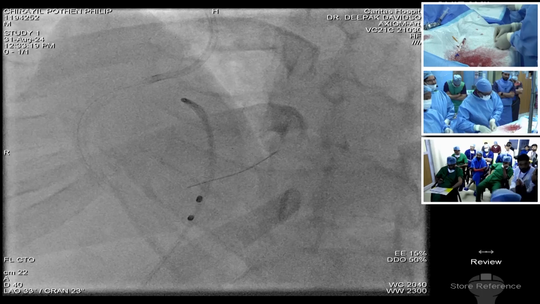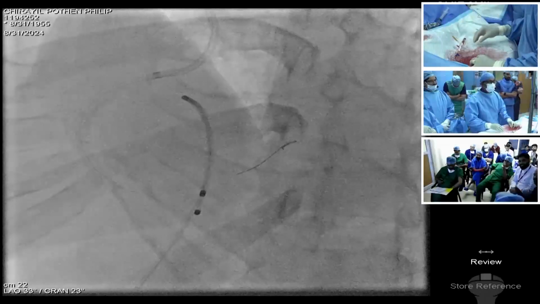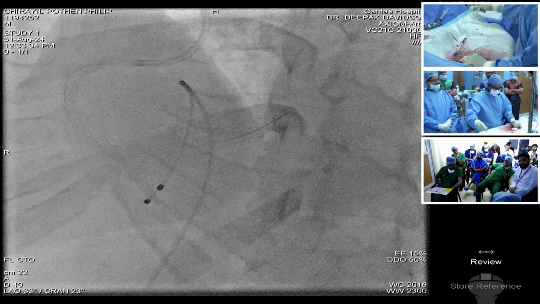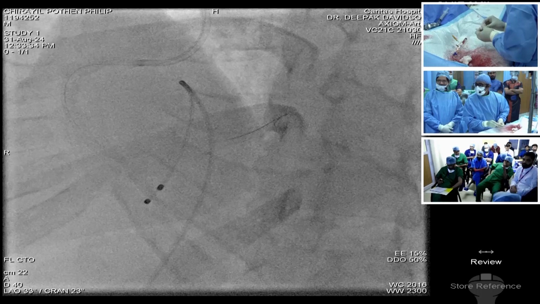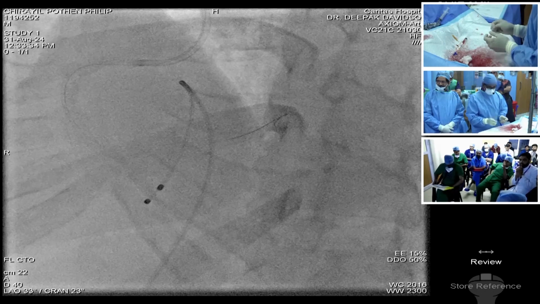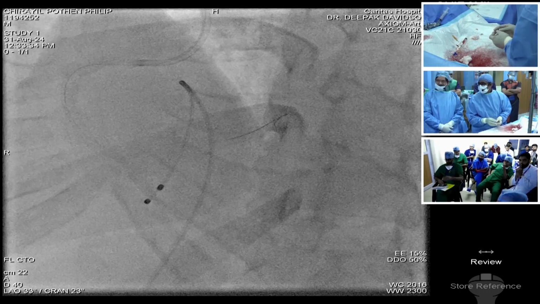3.5 into 23, then 3.5 and 4 NC balloons. 3.5 stent. Sierra is only expandable up to certain characters, no?